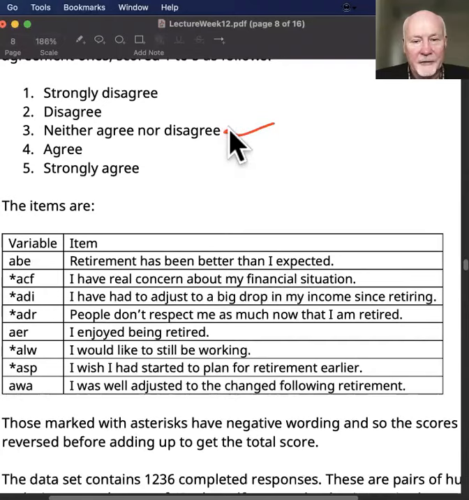So one of them is it has this middle term, this so-called neutral term, neither agree nor disagree. I think I've said to you before in this course, my advice is avoid using that if you can. The reason for doing that is that it tends to mess up the measurement, and that's because people who choose that option, some people choose it because their level of agreement really is somewhere between agree and disagree, and some of them choose it because they don't understand the question, or they don't want to answer the question, or they don't know, or whatever.